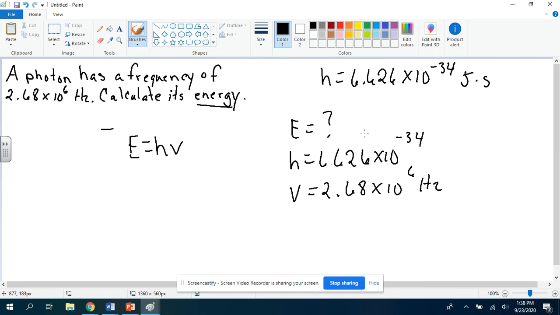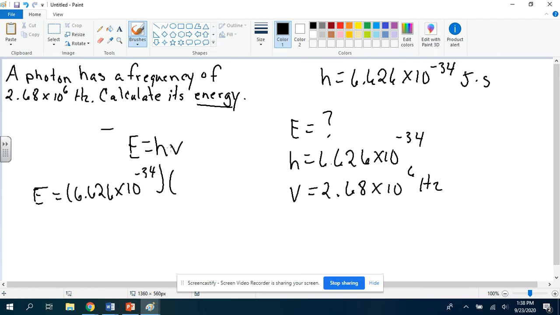All right, so after you write your givens down, all you have to do is plug them into your formula. So for E, I don't know it, so I'm just going to rewrite E. I know it's not very neat, apologize. For h, our constant, 6.626 times 10 to the negative 34.